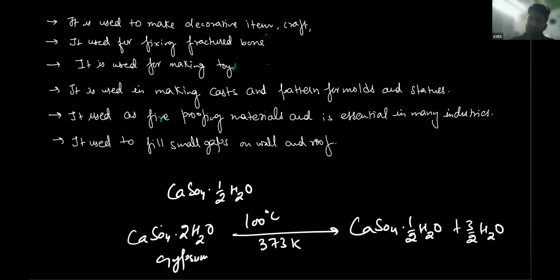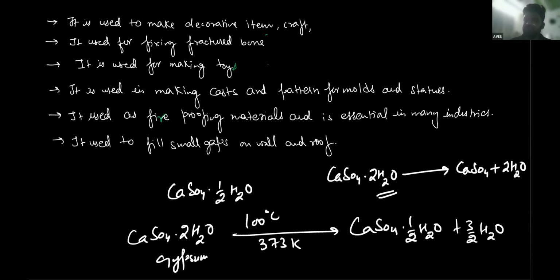And if you are doing uncontrolled heating during this, then the whole water of crystallization will be lost. This is a loosely attached water molecule, that is 2H2O, sometimes 5H2O, like we have copper sulfate pentahydrate.